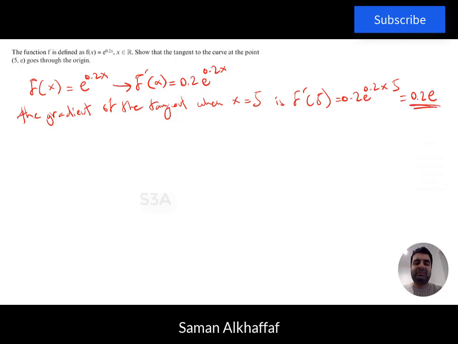Now f of 5 will be e to the power of 0.2 by 5, which is equivalent to e.